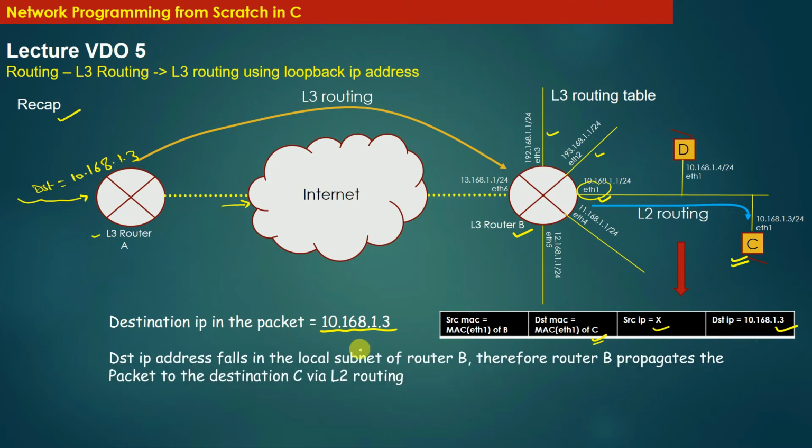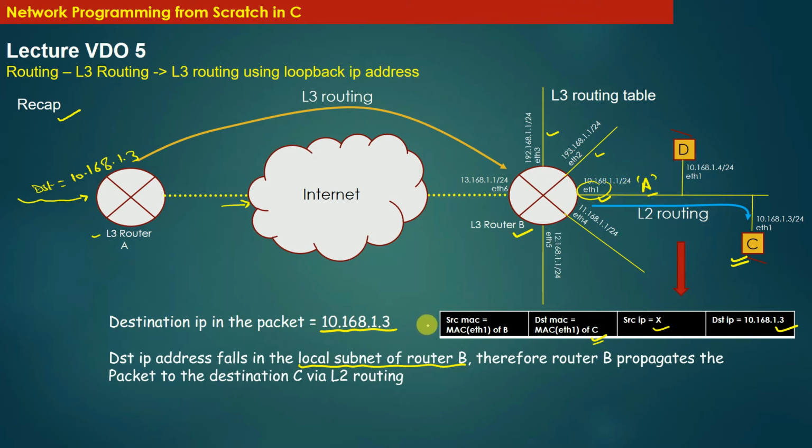So the destination IP address falls in the local subnet of router B. And what is that local subnet? That local subnet is this one. Let's call it subnet A, which is 10.168.1.0/24.